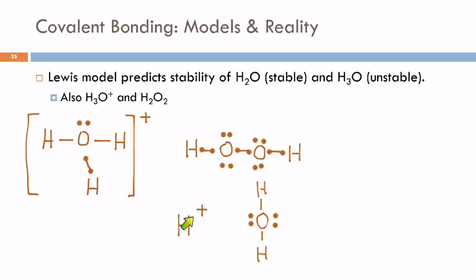When the hydrogen ion rides on a water molecule, I think of it as riding piggyback or being held by the water molecule, then we get this hydronium ion. This oxygen is still okay. He's still got 8 electrons, and each of these hydrogens has 2, but now this hydrogen ion is much more stable because he has 2 valence electrons.